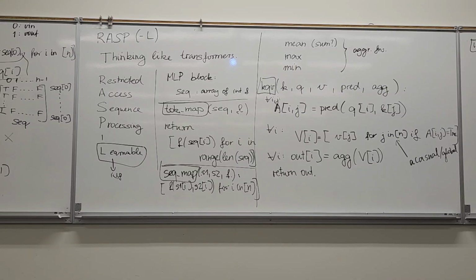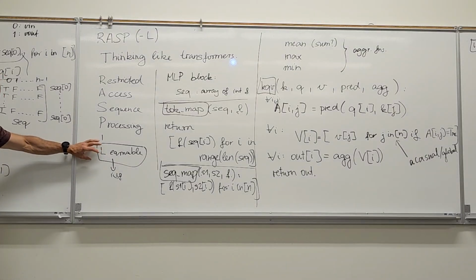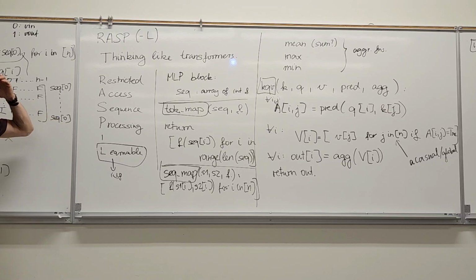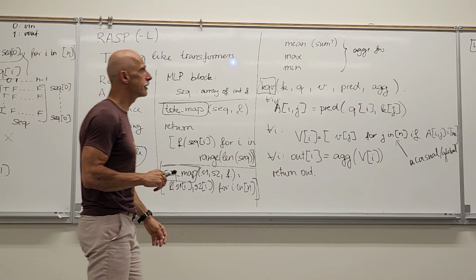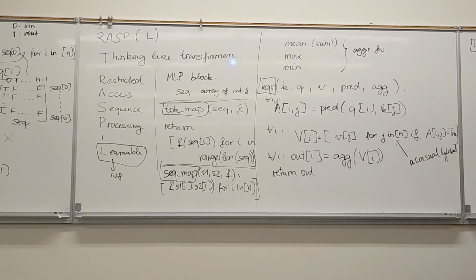So okay, so the learnable part of this language, this L modification, what it also does is that it introduces an index type. The index types can be used with index types, but you can only compare them for equality, less than, greater than, and you can only increment them by 1 or decrement them by 1.